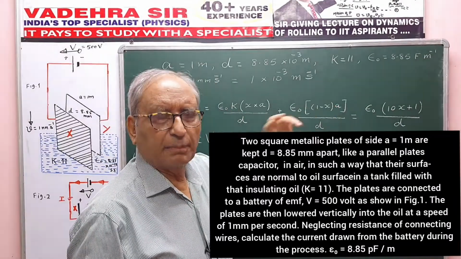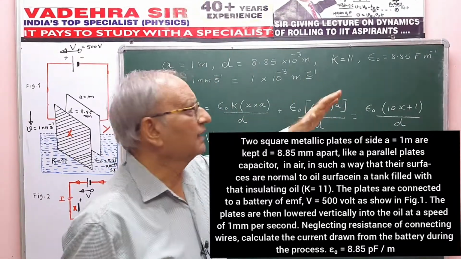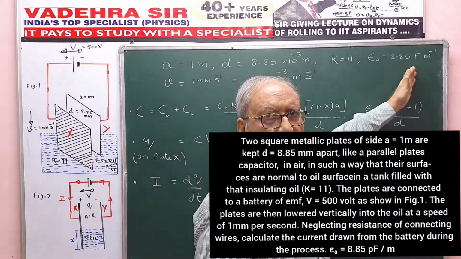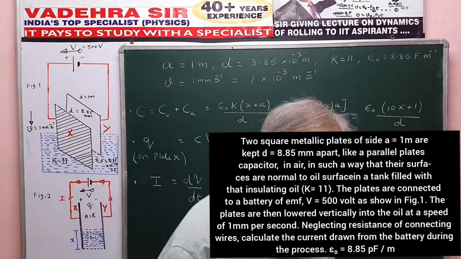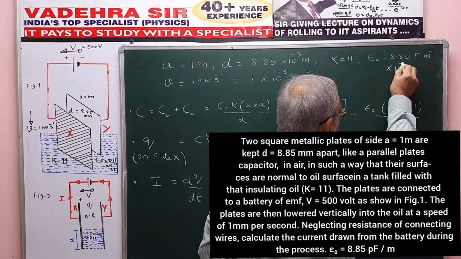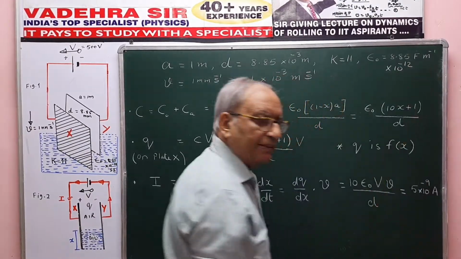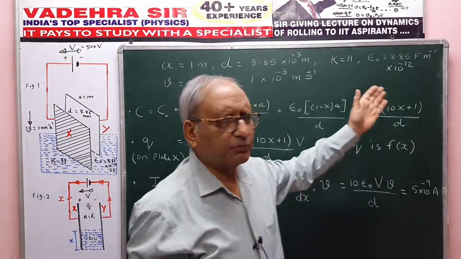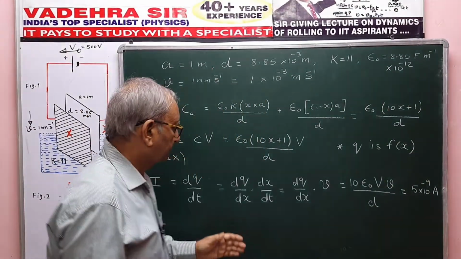Of course, the permittivity of free space or air is 8.85 times 10 to the power minus 12 farads per meter. This is the permittivity of free space, or same as that of air.